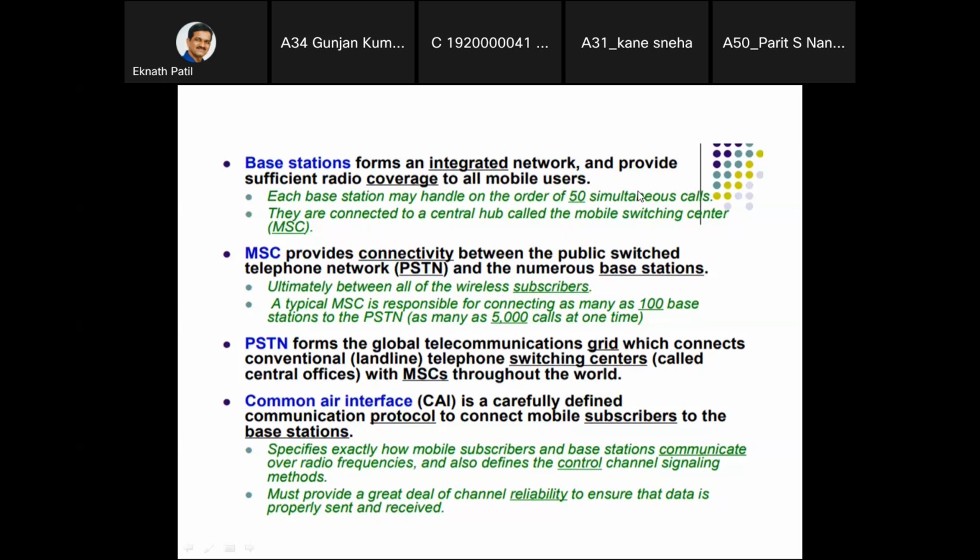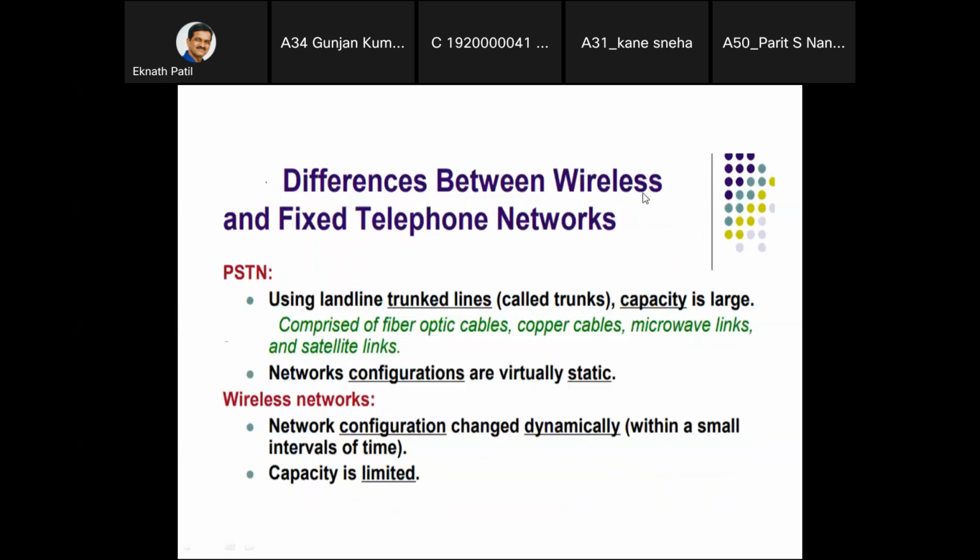Along with the audio connectivity, we also want network connectivity like internet connectivity for data transmission and reception, and they take care of that also. Okay. So the difference between the wireless and the fixed telephone network, that is PSTN, which uses landline trunk lines called trunks.